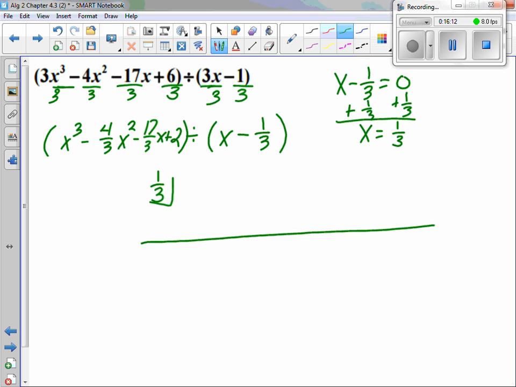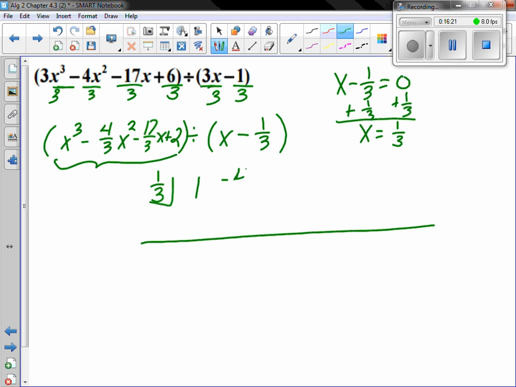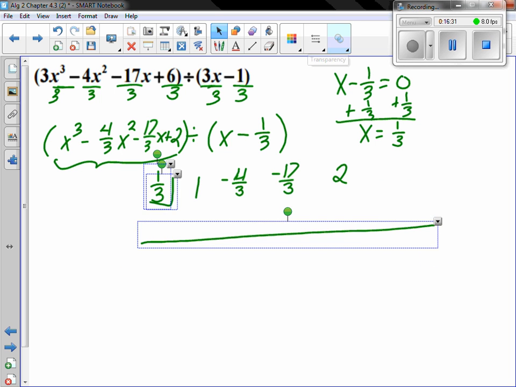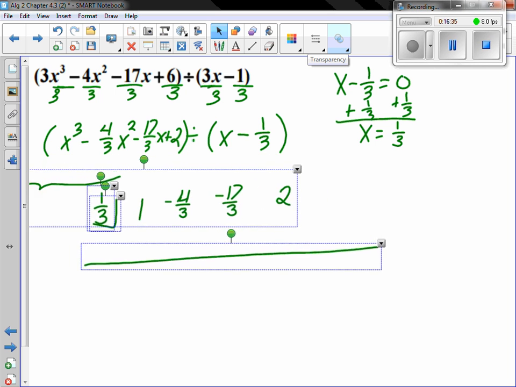Now the numbers that go across the top are going to again come from this here. So we would have 1, and then -4/3, and then -17/3 and 2. Okay.